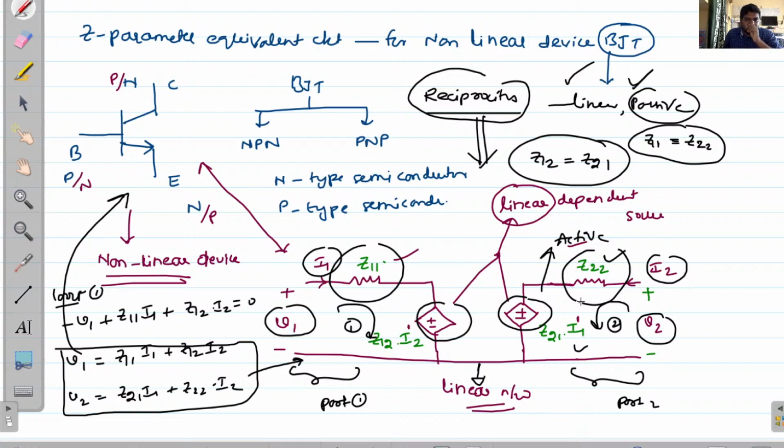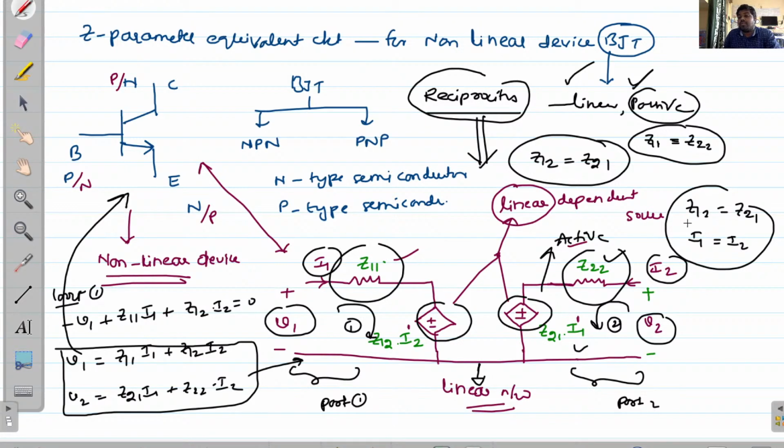So if that particular circuit follows the symmetry condition, port 1 and port 2 both have the same observation. For example, if I take Z11 equals Z22 and these two elements are the same from both the ports, and if you make Z12 equals Z21 and I1 equals I2, then both the elements are the same from both the ports, and it will act as the symmetry condition.